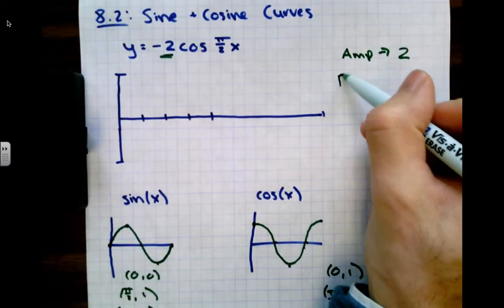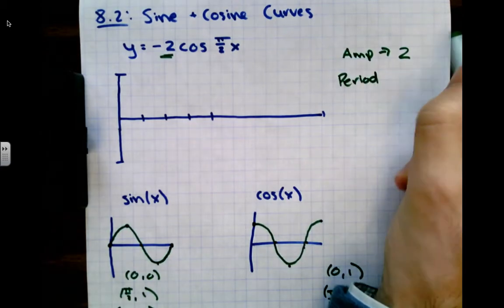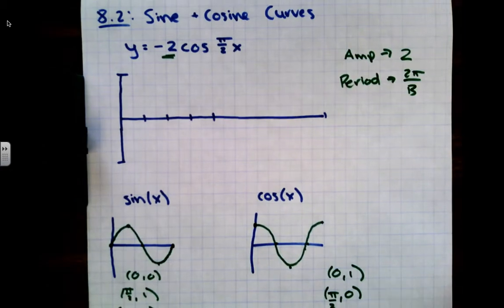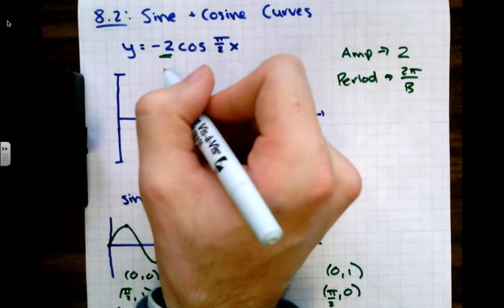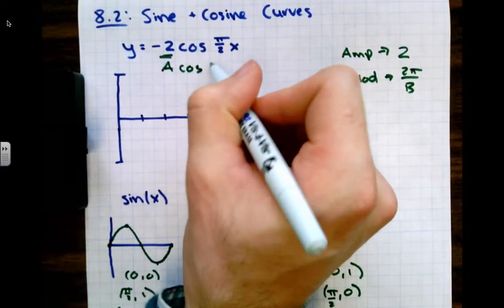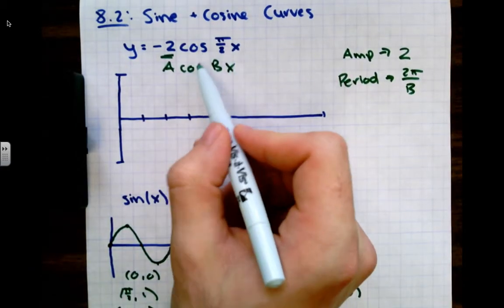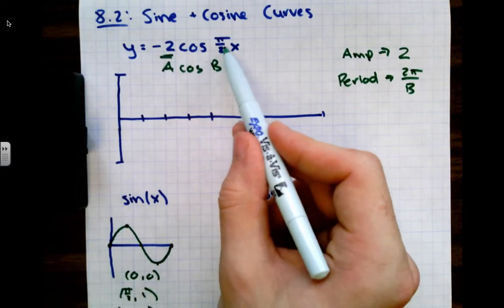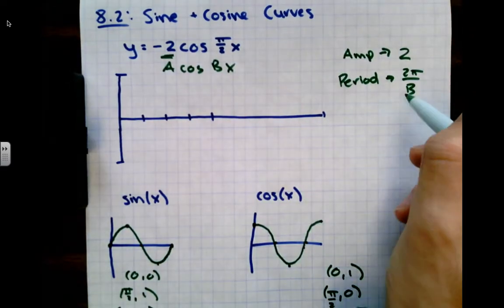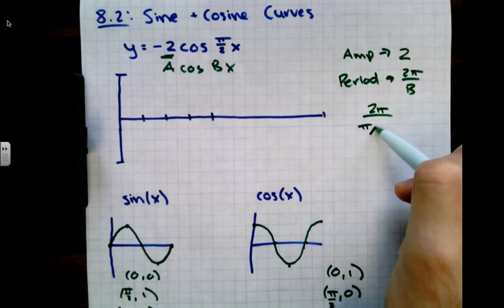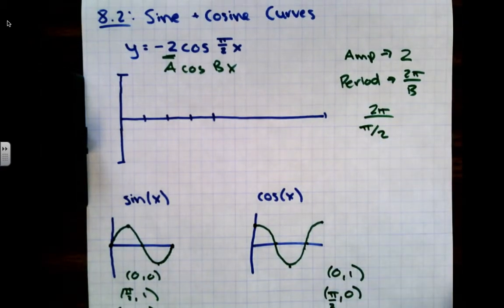To identify our period, what we have to go through and do is use the formula 2 pi over b. What b is, it ends up being this number that multiplies our variable on the inside of the cosine function. So in this case, our b value would be pi over 2. So what I'm going to do is 2 pi over pi over 2, and I need to reduce that.